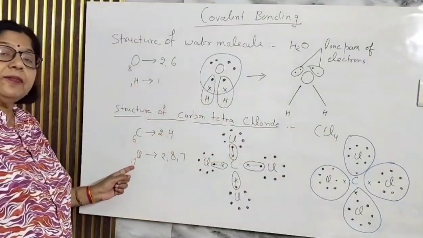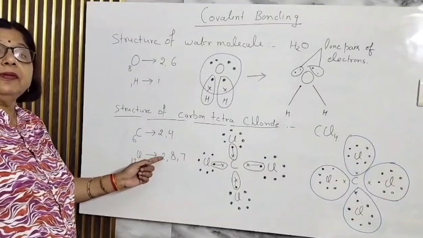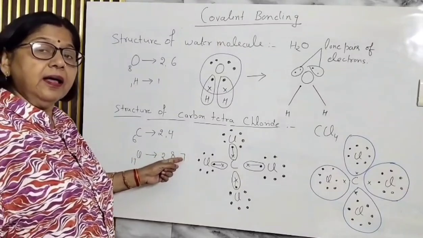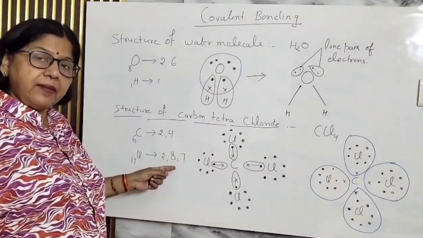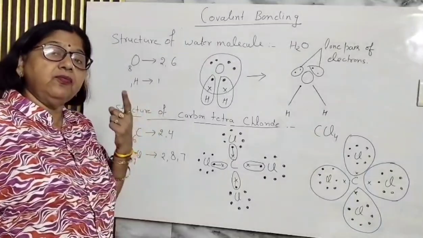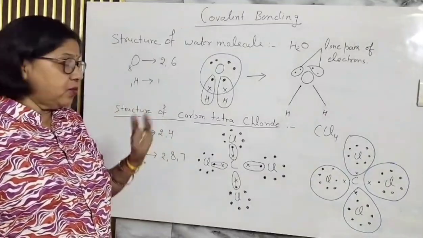So, let us draw the structure of chlorine. Chlorine has the atomic number 17, which means the configuration will be 2, 8, 7. That means 7 electrons in the outermost shell. Now, every chlorine atom wants only 1 electron to complete its octet. So, what happens, children?